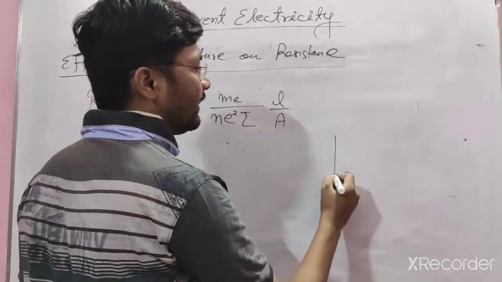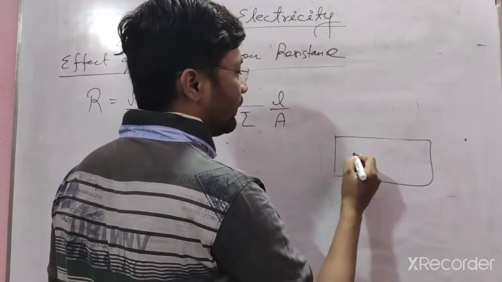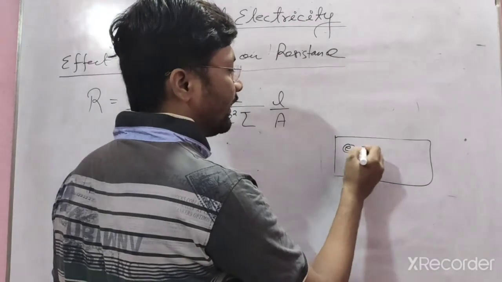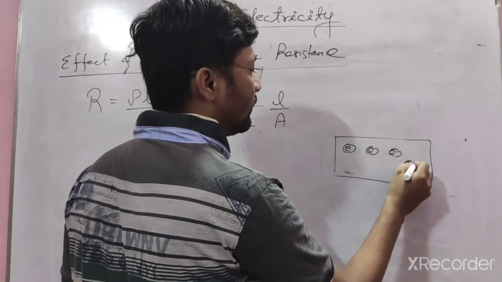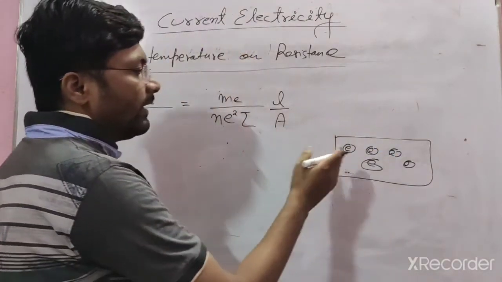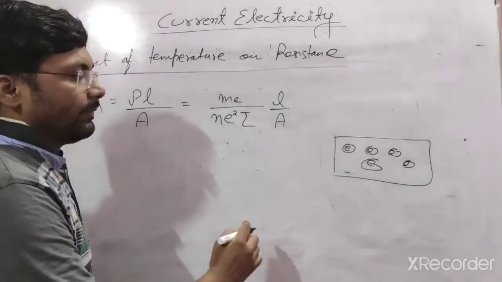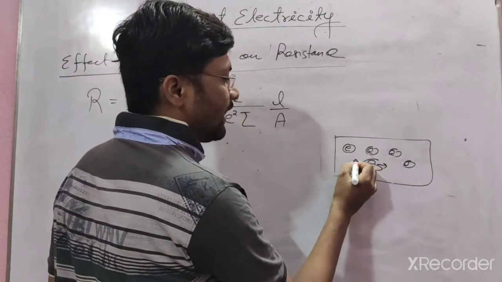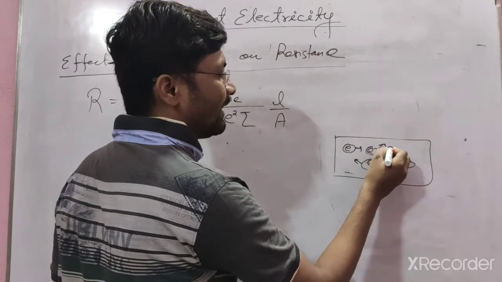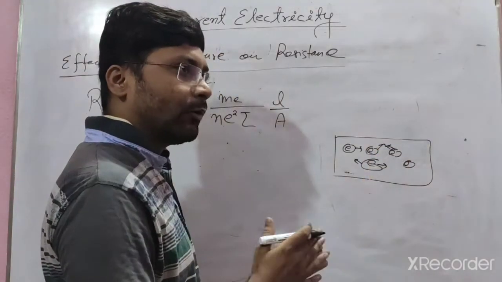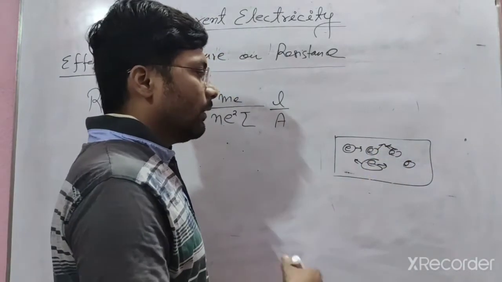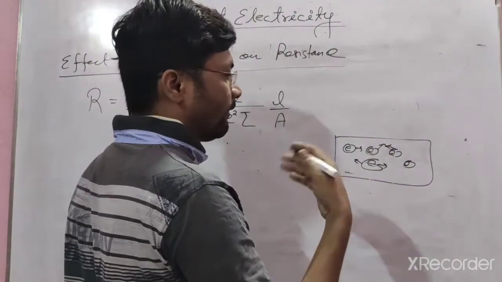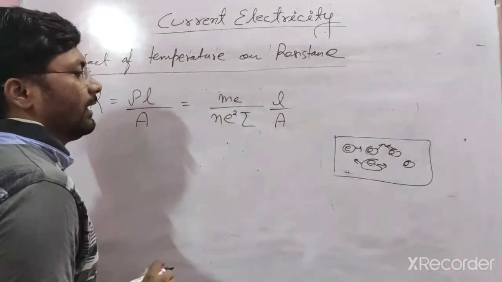Now just tell me, if there is a conductor, and in the conductor there are many free electrons. If you increase the temperature of the conductor, the electrons will start moving randomly at higher speed. That means they will vibrate about their mean position at a very large speed.